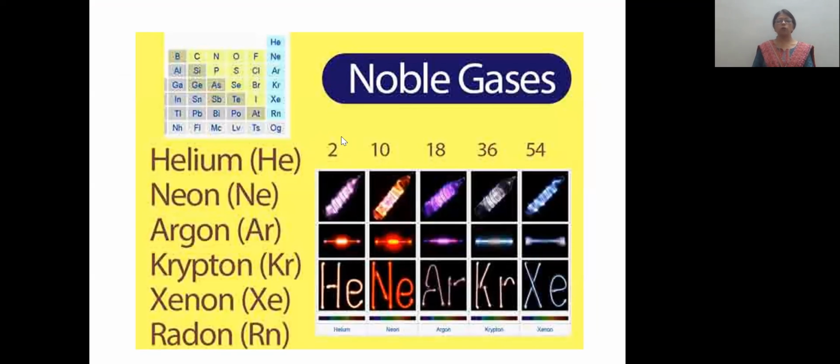The atomic number of helium is 2, neon is 10, argon is 18, krypton is 36, and xenon is 54. In the picture here you can see the ampules which are filled with the noble gases.